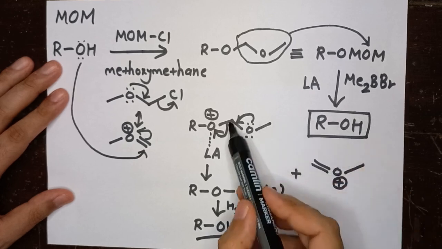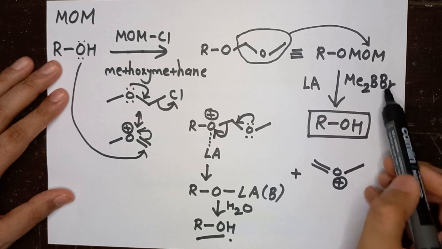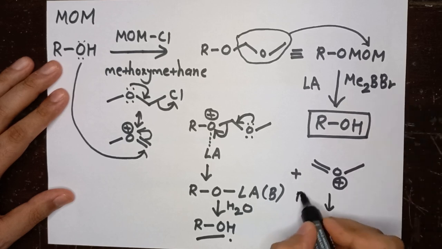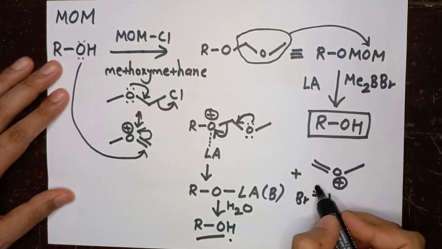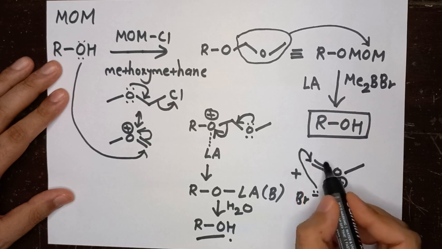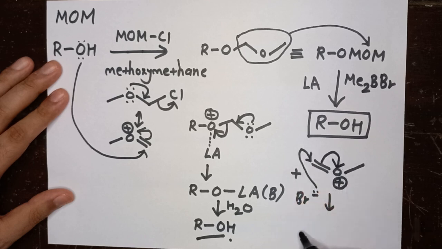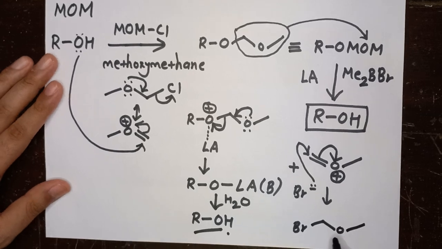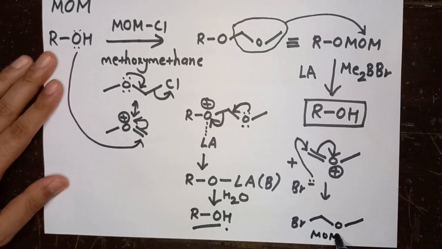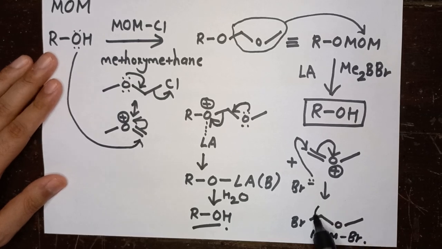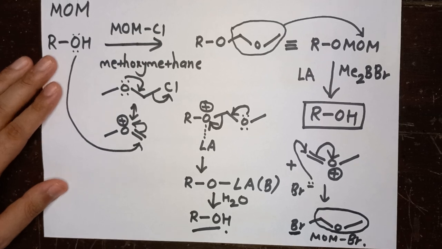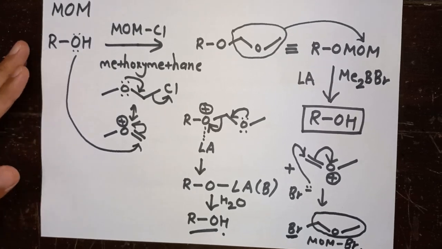So during this process, the Br group is going to leave, which later come again, will attack at this carbon, will neutralize it, and will form the MOM bromide. Okay, so this is a MOM group and this is bromide. So this is about MOM protection.